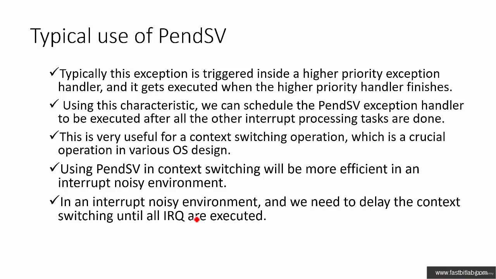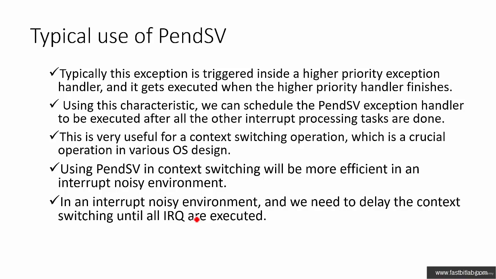Because in an interrupt noisy environment, we need to delay the context switching until all the IRQs are executed. Context switching is delayed until all the active ISRs are executed or finished. Generally, that is a design approach which is followed in OS or scheduler design.